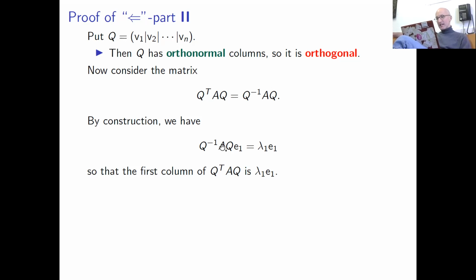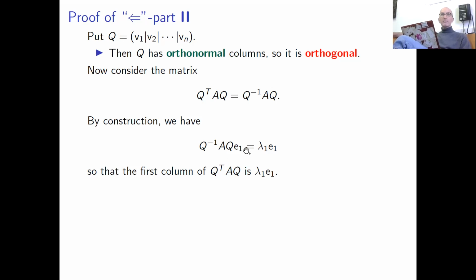Observe, by the construction, if you multiply this matrix by vector E1, you get lambda 1 times E1. Indeed, look what happens when you multiply Q by E1. You get vector V1. It's exactly the first column of the matrix Q. So Q times E1 is V1.